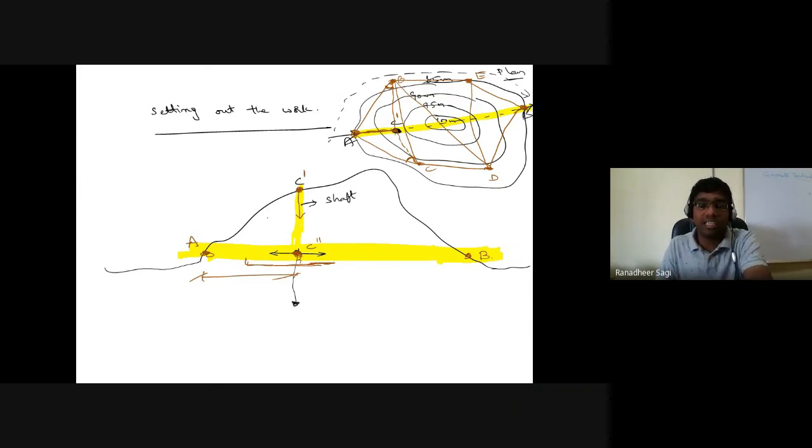So how do I calculate the RL of C dash point? If I know the RL of C dash, the RL of C double dash point is nothing but the RL of C dash point minus the depth of excavation which I should carry out.